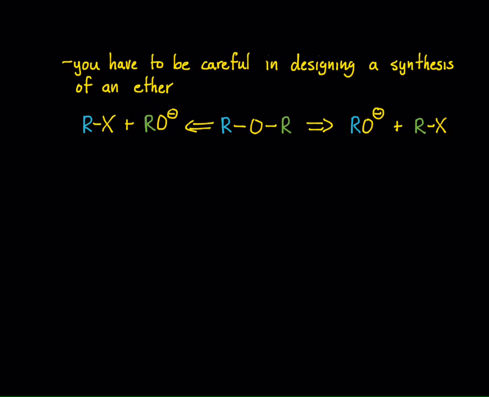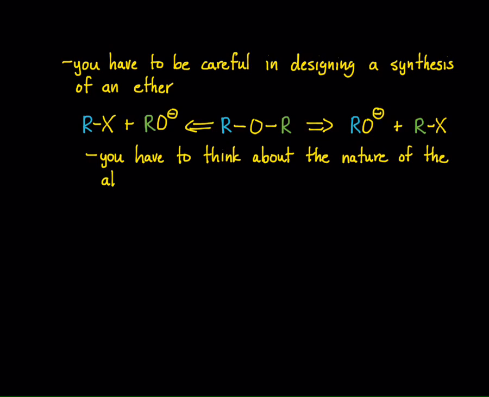So oftentimes, and sometimes it doesn't matter, but oftentimes you have to think about the nature of the alkyl halide, and sometimes the nature of the alkoxide itself. What do I mean by that? Well, let's look at an example.